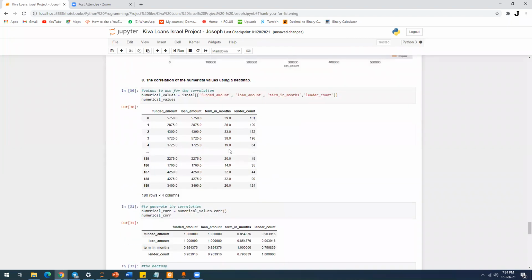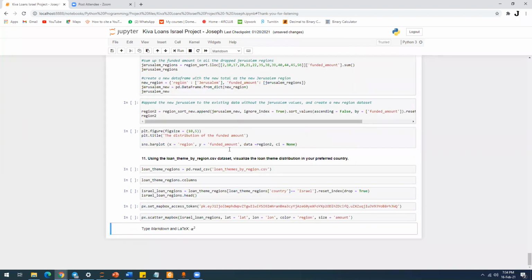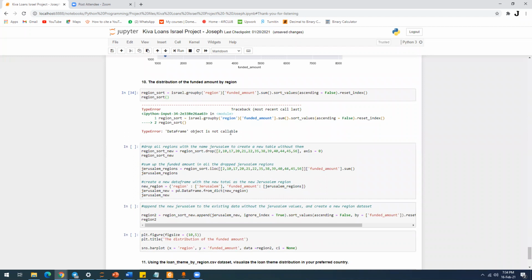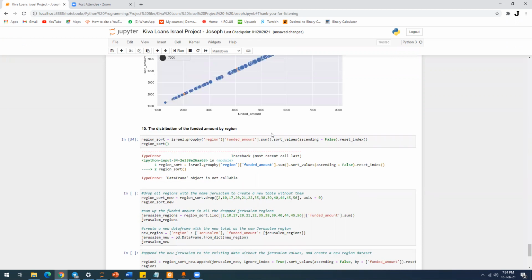I think now it will show. So, data frame object is not callable. Region, group by region, traceback.